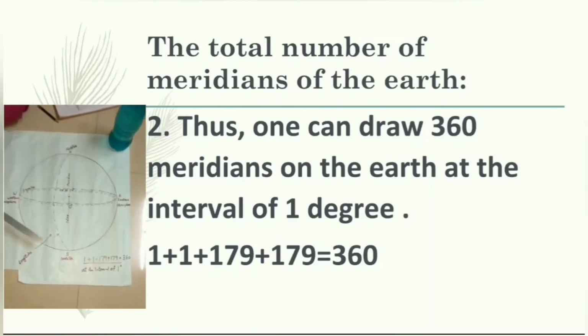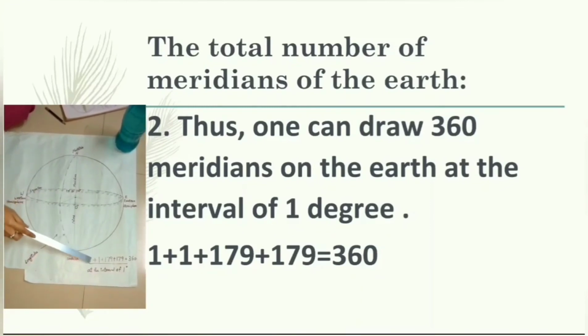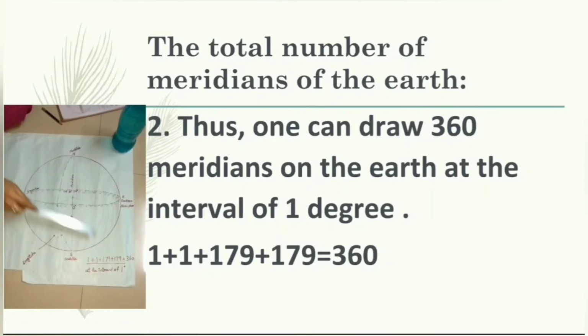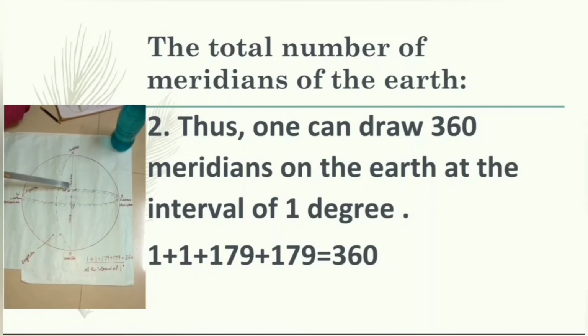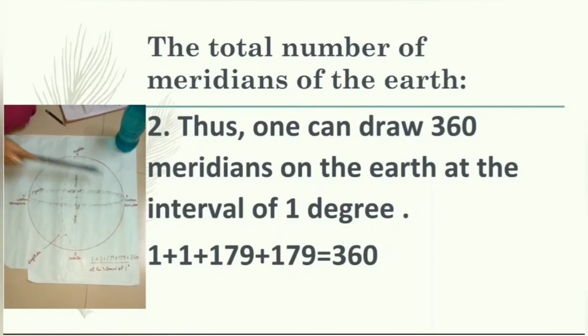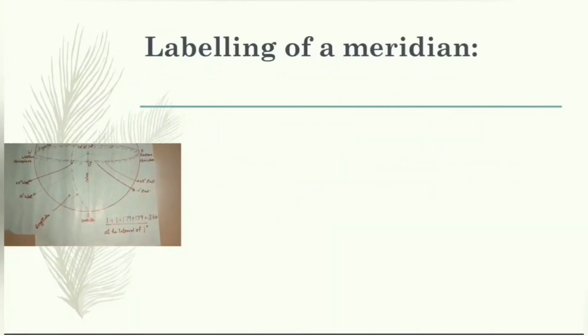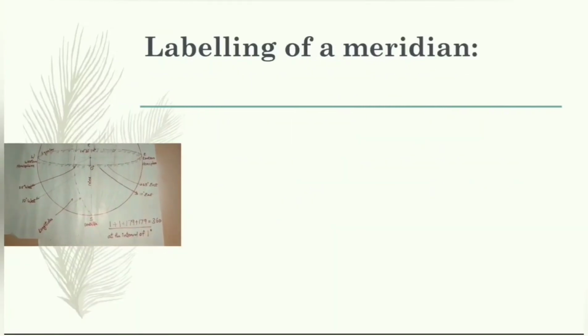Now just tell me how this comes. 1 means the 0 degree meridian, plus 1 for the 180 degree meridian, plus 179 meridians from the eastern hemisphere and 179 from the western hemisphere. So our total becomes 360 meridians. Is it okay?